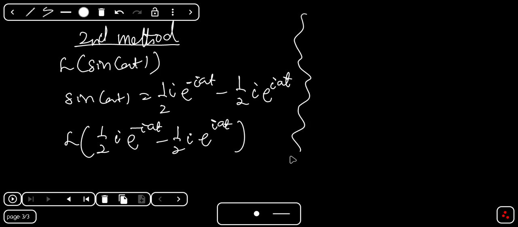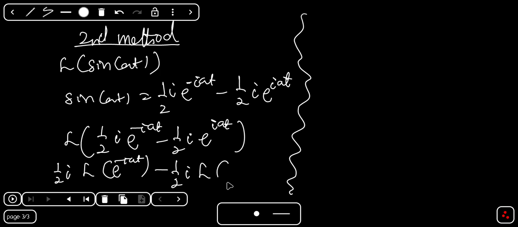Now remember that from the theorem I gave earlier, I said Laplace transform is a linear operation. So we apply linearity, so we're going to have 1 over 2i multiplied by the Laplace transform of e raised to the power of minus iat, then minus 1 over 2i multiplied by the Laplace transform of e raised to the power of iat.